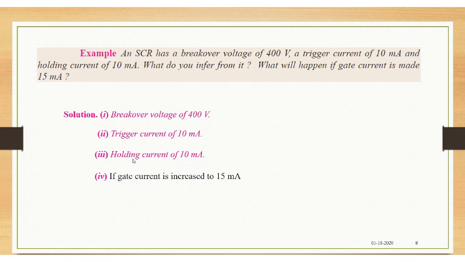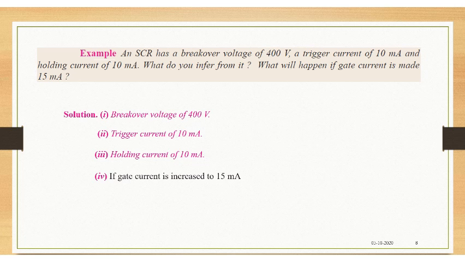Observe this. Trigger current is 10 milliamps. What do you understand? Trigger current means the current you are applying at the gate terminal. So the gate current given is 10 milliamps. If the gate terminal current you are applying is 10 milliamps, and the supply voltage is less than 400 volts, then again the SCR will turn on.